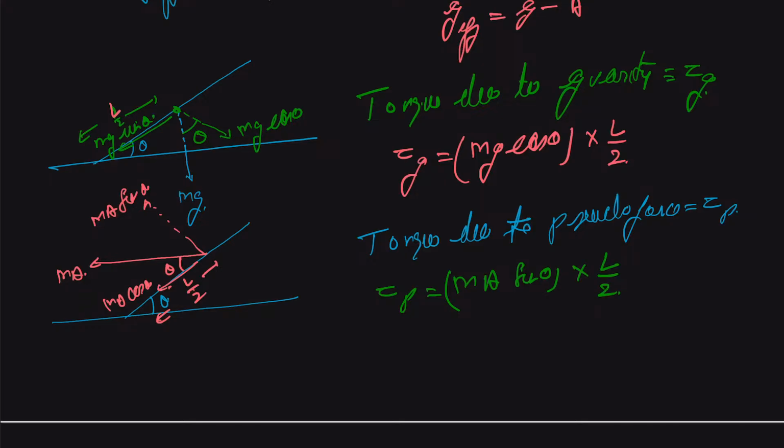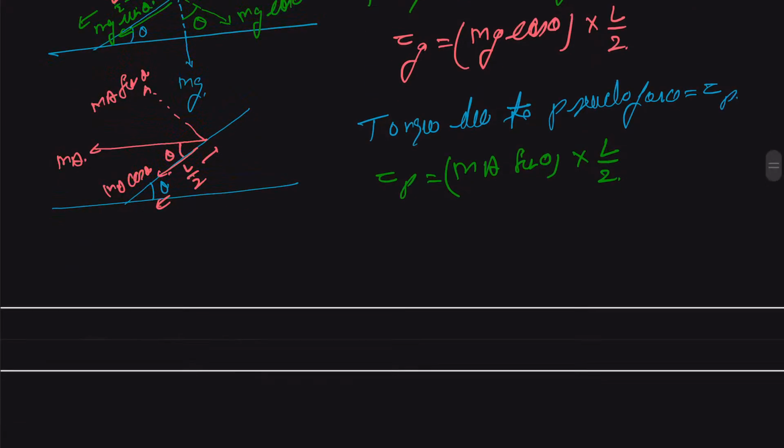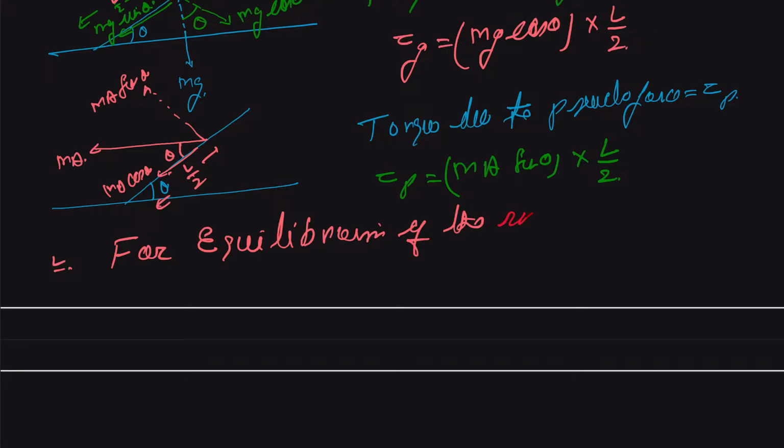At equilibrium, these two torques should balance each other, or we can say they should cancel each other out. So for equilibrium of the rod, the torque due to gravity should be equal to the torque due to the pseudo force.